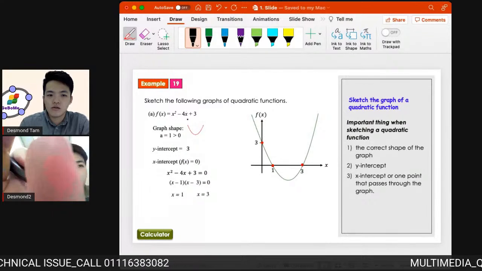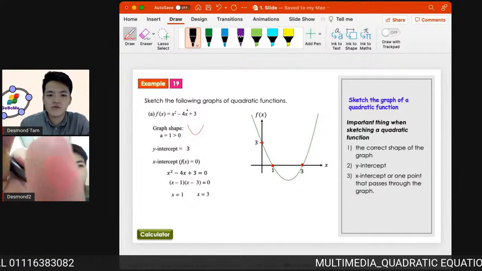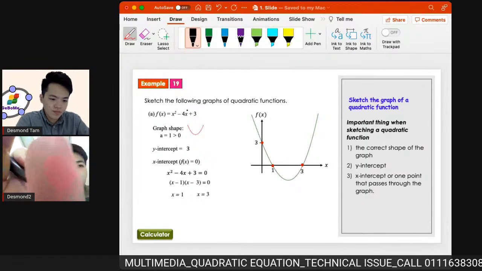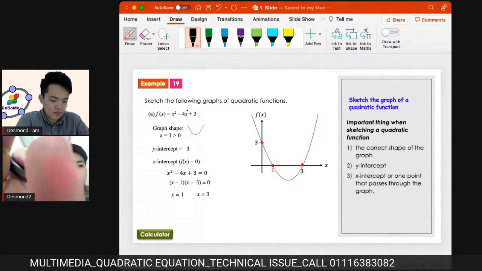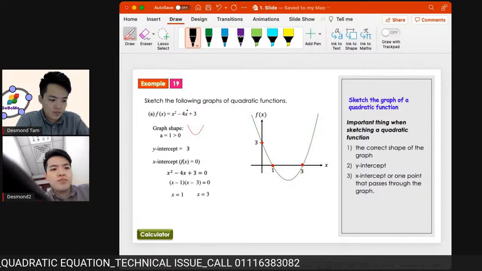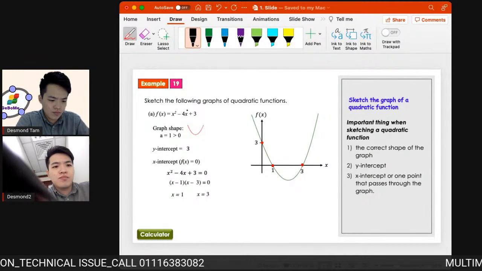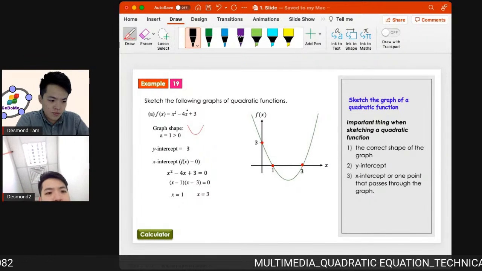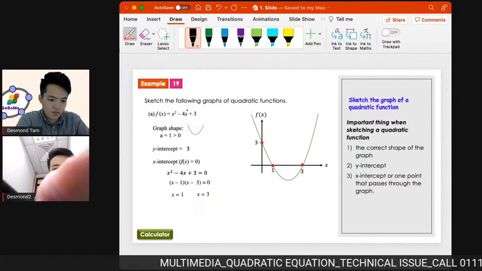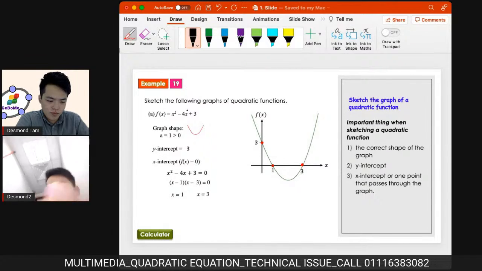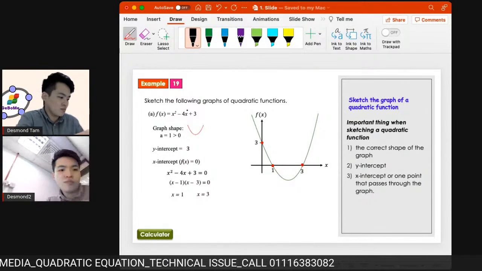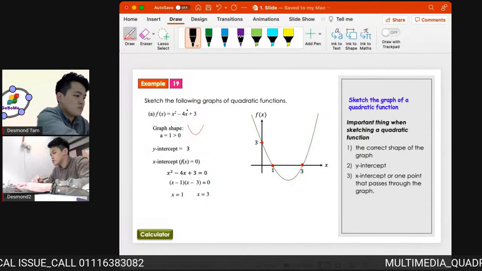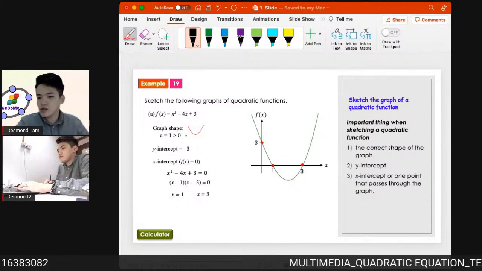So this is an example. Okay, this is an example of sketching the graph of a function.